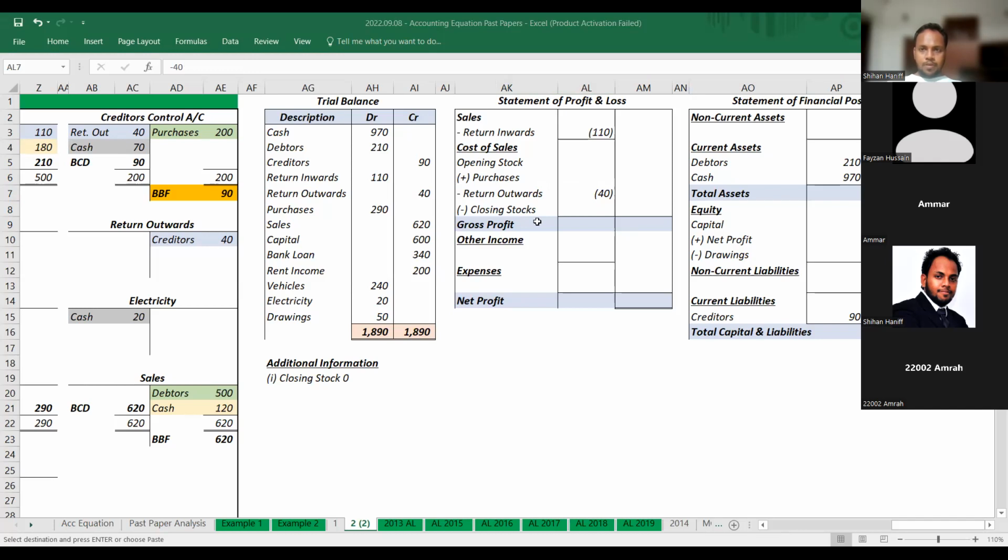Purchases 290. Sales 620. Capital 600. Bank loan 340.